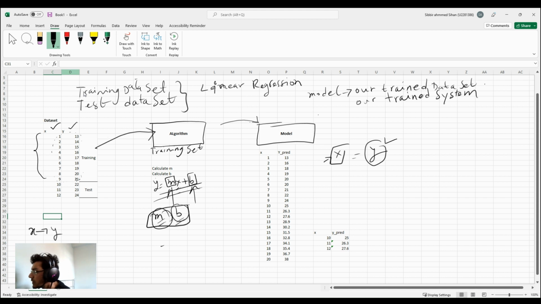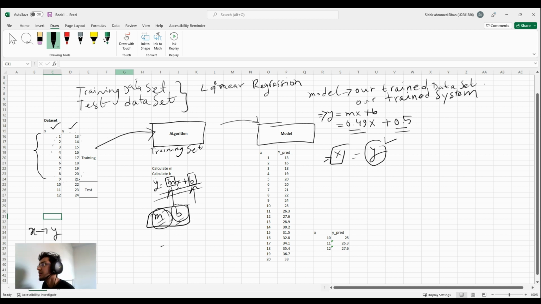In the core of the model, the formula that works is mx plus b. Let's say it has a value of 49 into x plus 0.5. This is an arbitrary value that I have just assumed here.